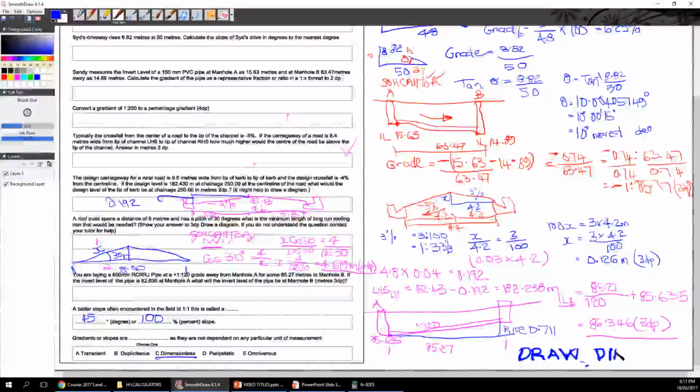Get the diagram going so that you understand the question, and then the maths. Hopefully you can decipher that to mean draw a diagram. Draw a diagram, and then you're all away.